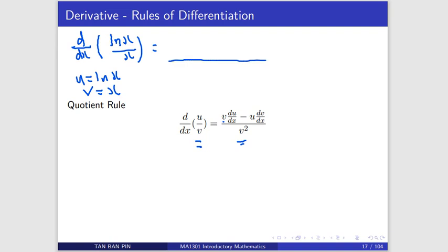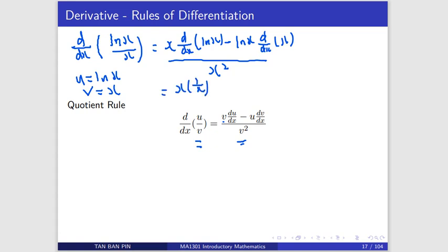It's over v squared, and it's v du/dx, where v is x and du/dx means you differentiate ln x, minus u, which is ln x, times d/dx of v, which is just 1, over x squared. This will give you x times (1 over x) minus ln x times 1.